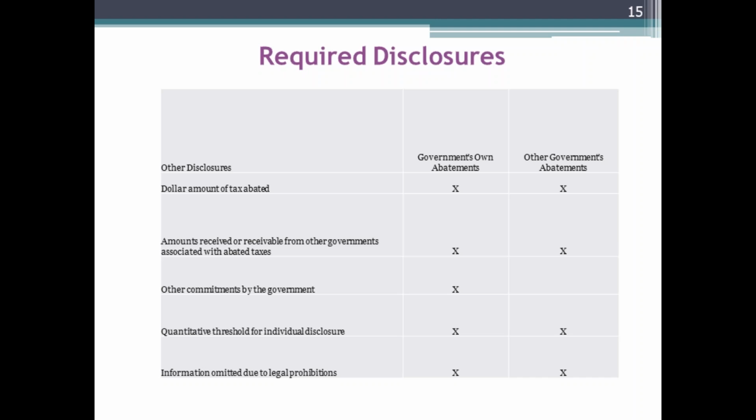The next thing is amounts received or receivable from governments associated with abated taxes. That one affects you as school districts because of the backfill of foundation aid that you get from the state. If you forego revenues because there's an abatement agreement in your city or your county, you get a portion of that back through the foundation aid backfill.